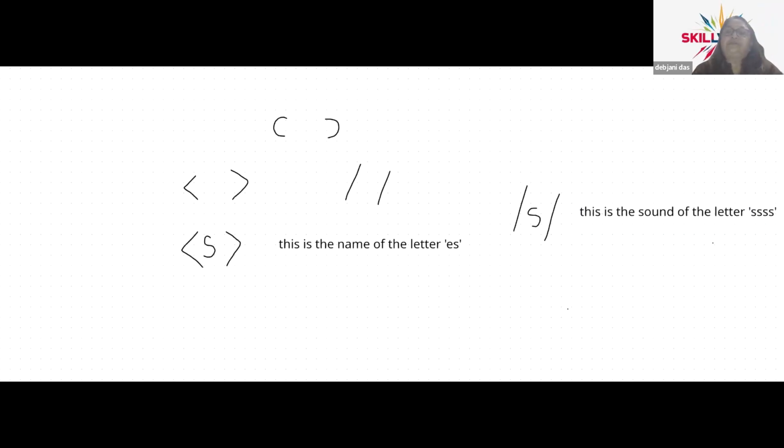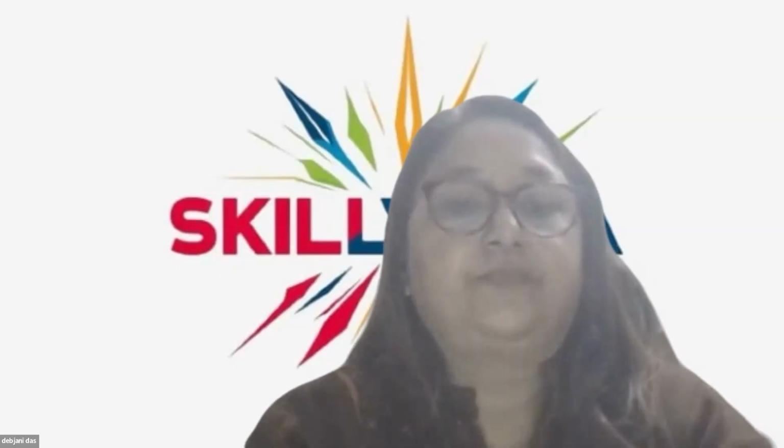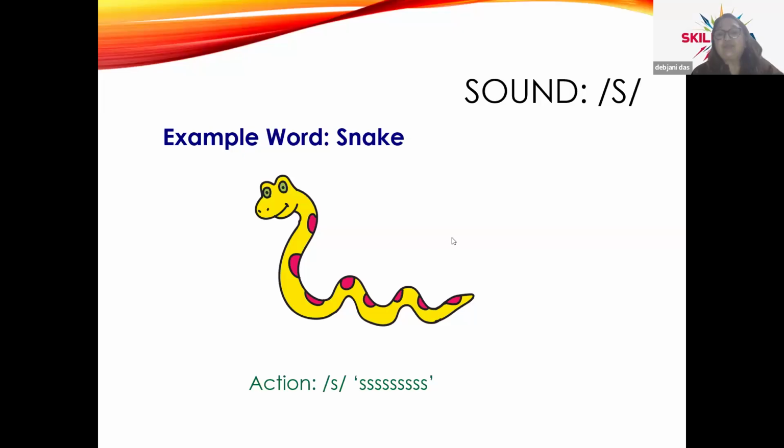Clear? So when I will be saying the sound, I will be using this. When I will be saying the name of the letter, I will be using this. Got it?